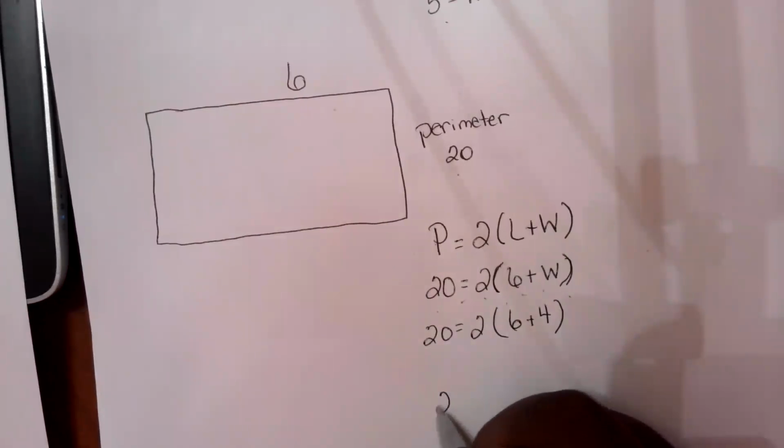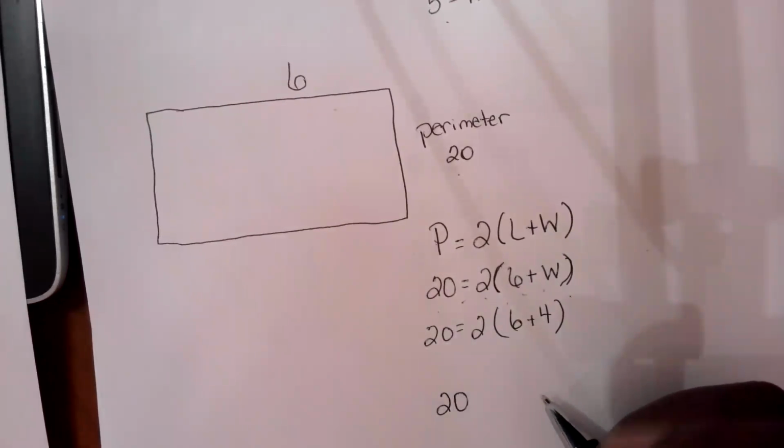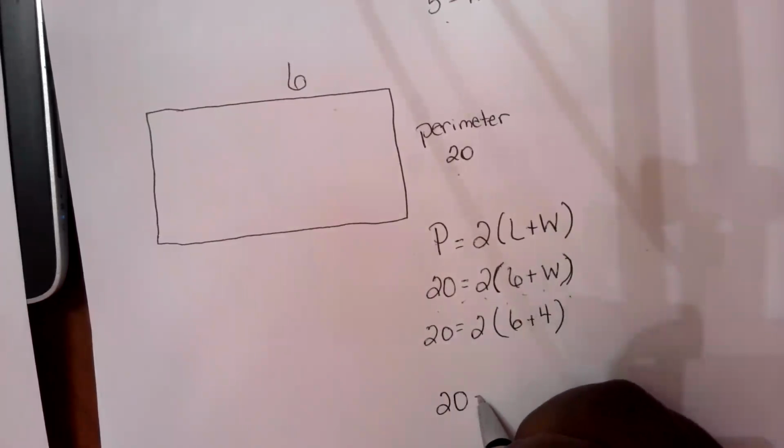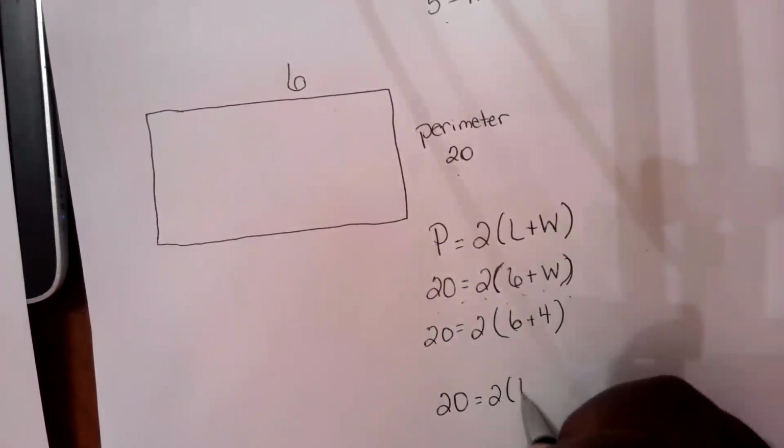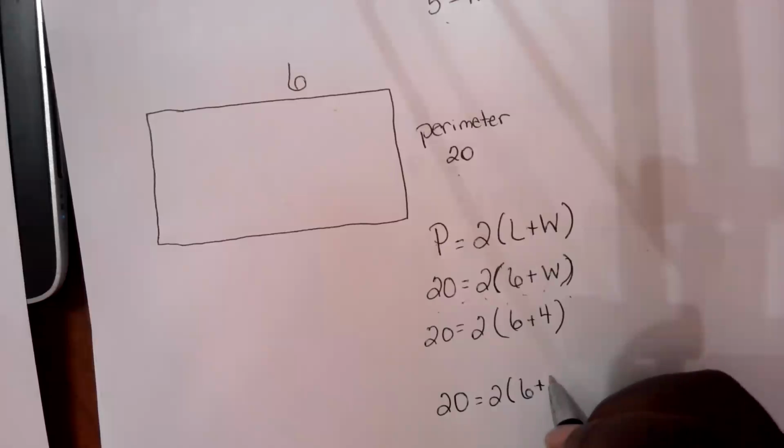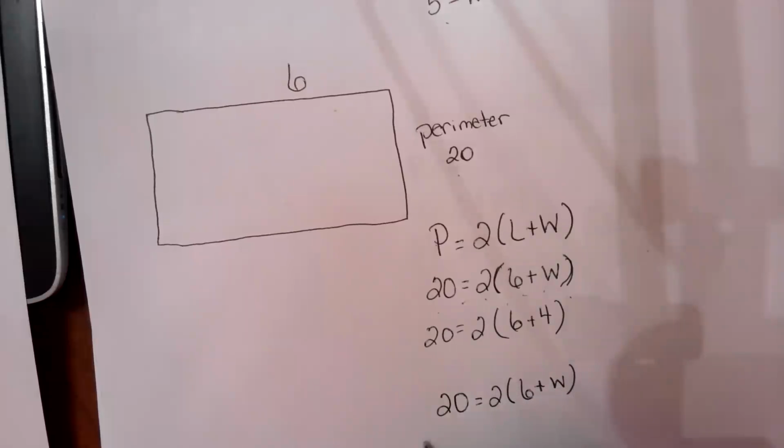So I have 20, that's my perimeter, equals 2 times 6 plus width. So first thing I'm going to do is put this 2 over here and do the inverse.